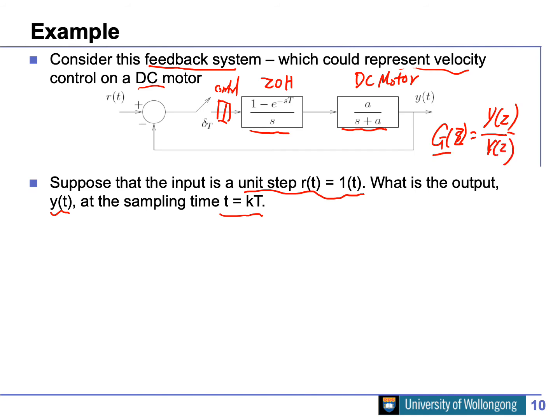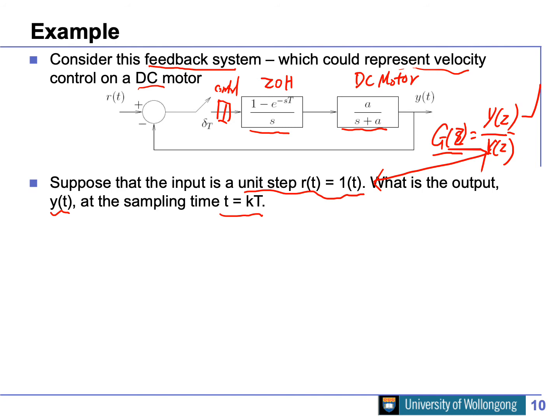If we know G(z), and we know the input in time domain is just a step, which we can then easily get the Z domain, right? Then Y(z) can be calculated from the input multiplied with the transfer function. So that's where we come from.